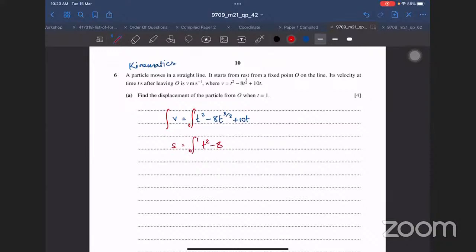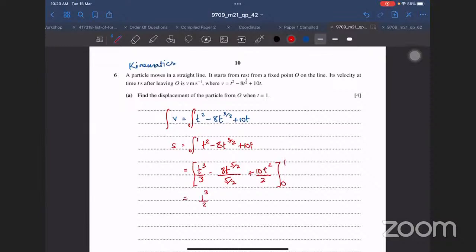That would help me get rid of the need for C. So t cubed over 3 minus 8t power 5 over 2 divided by 5 over 2 plus 10t squared divided by 2, and I have to insert the limits 0 to 1.